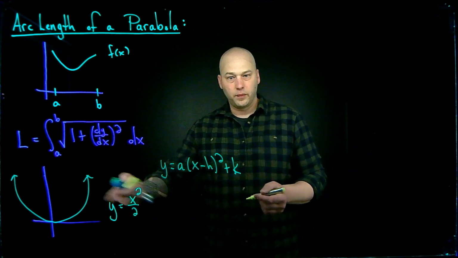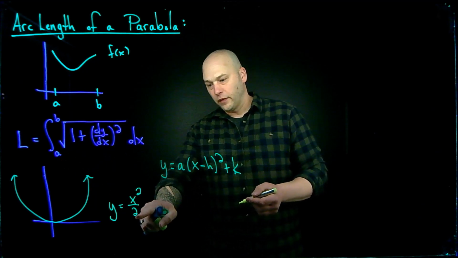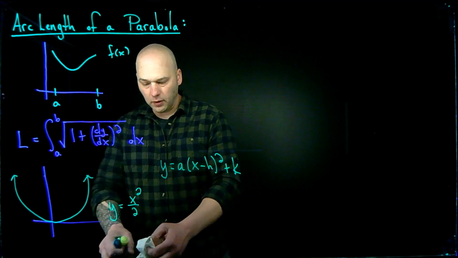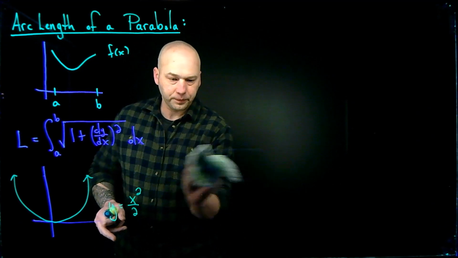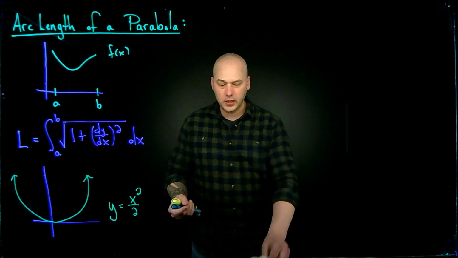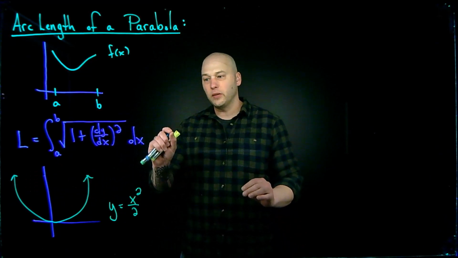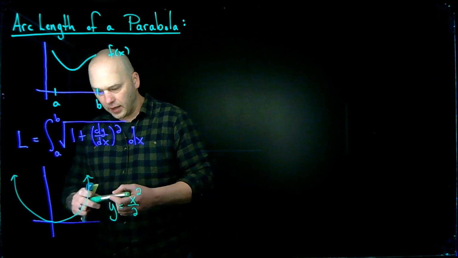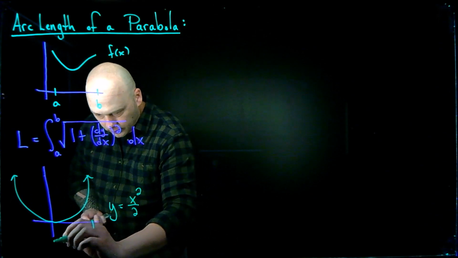So again, I could differentiate and get a function very similar to this one. Really this generalizes to any parabola, but in particular we'll do x squared over 2, since the square of the derivative will be as clean as possible. And let's go from, let's say, 0 to 1.